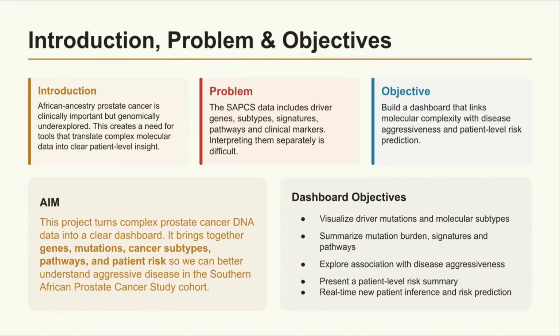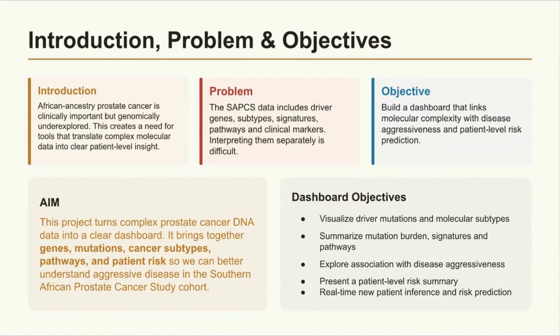The objective of this study is to build a dashboard that links molecular complexity with disease aggressiveness and patient-level risk prediction, with the aim of turning complex prostate cancer DNA data into a clear dashboard and bringing together gene mutation, cancer subtypes, pathways, and patient risks so that we can better understand aggressiveness in the Southern African prostate cancer study cohort.